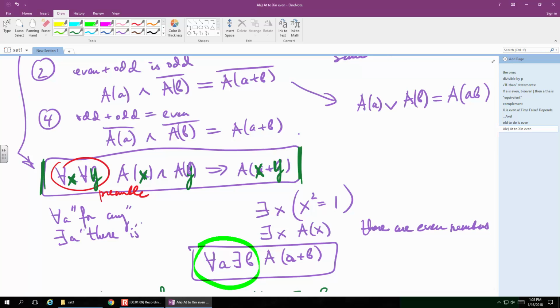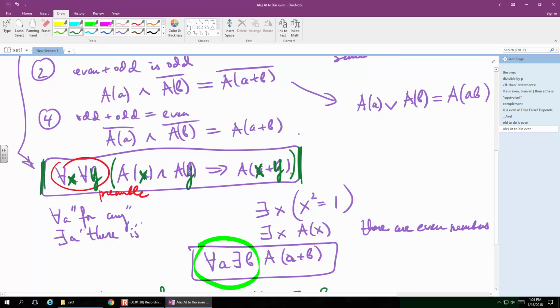Two statements, already new statements, combined together into yet a new statement, ax and ay. So both of them are even. Then we extended it further with the two quantifiers in the beginning. We're saying for any x and any y, if, well, I guess I might need parentheses here to make sure that we understand the logic.